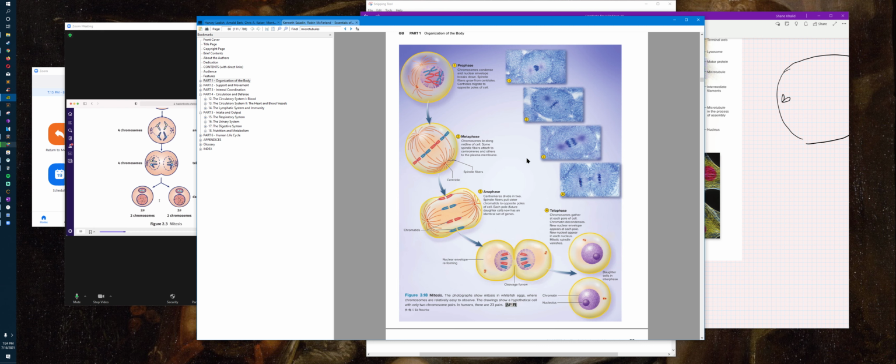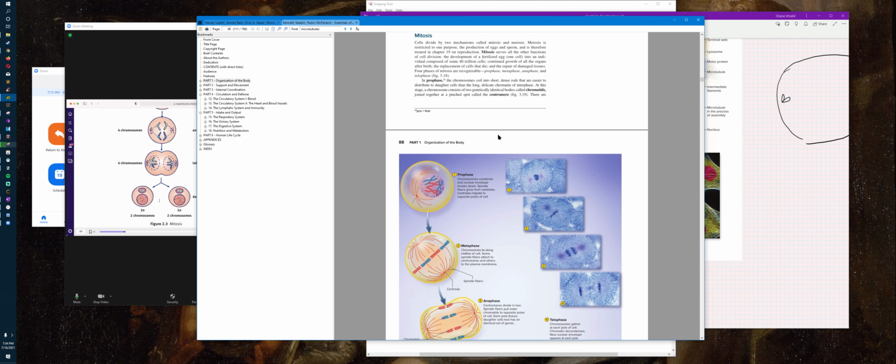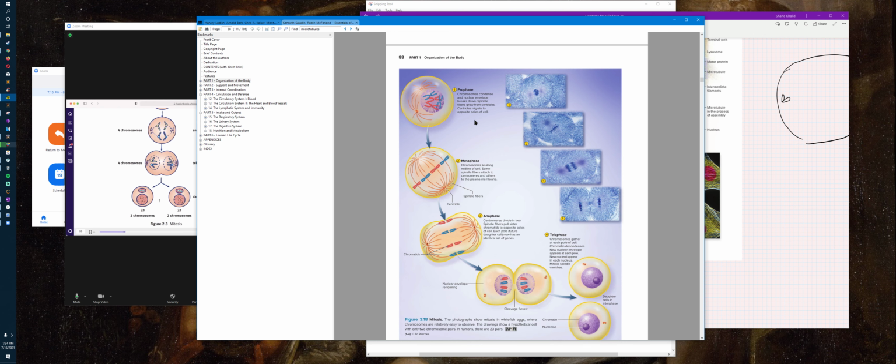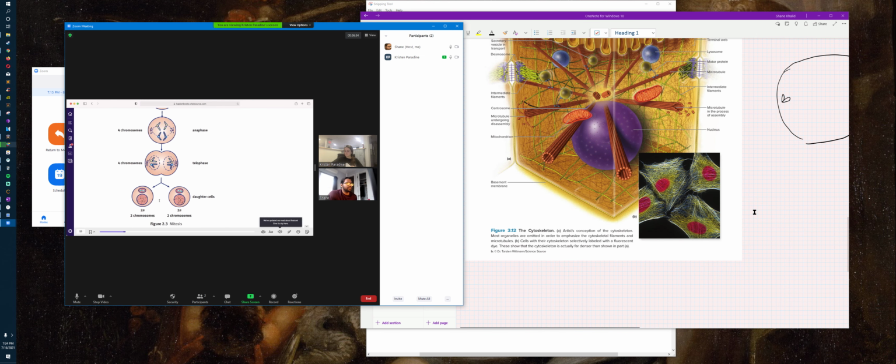In prophase, basically the nuclear envelope breaks down, the chromosomes condense, and basically the centrosome. I don't know why it's not saying. Let me see something. It seems weird. They basically migrate to the opposite ends of the pole, the centrioles.